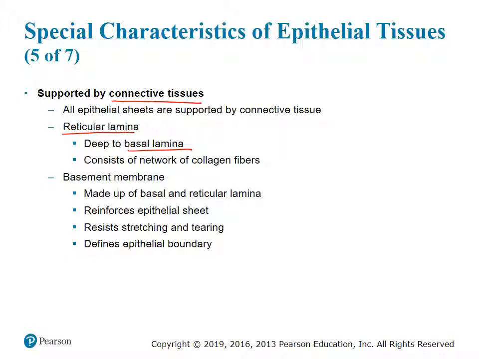The reticular lamina is a collection of connective tissue that has collagen in it. Collagen fibers. Collagen and collagen fibers are the same thing. And that supports the upper epithelial tissue.